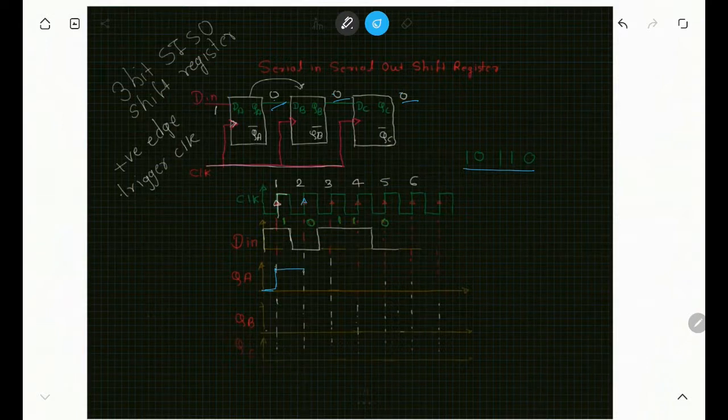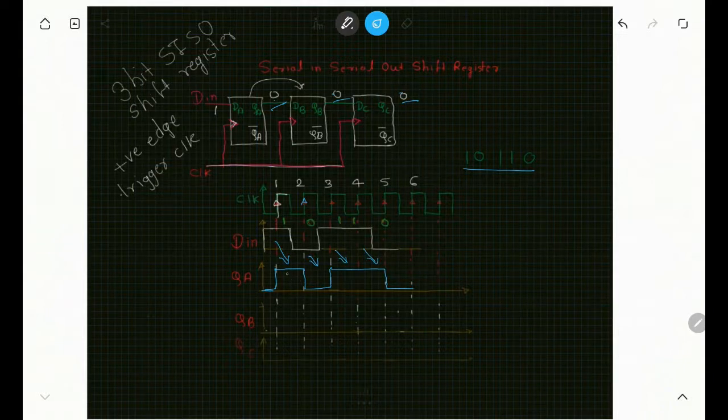Then during one cycle, when the input changes, the output of the first flip-flop also changes. As we are using a D flip-flop, in a D flip-flop what happens? Output follows the input, and therefore as the input changes, our output goes on changing.